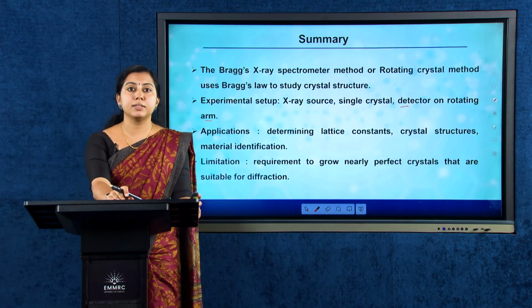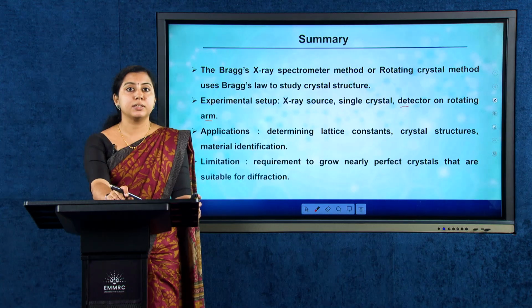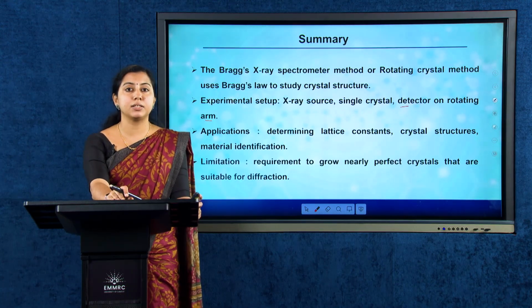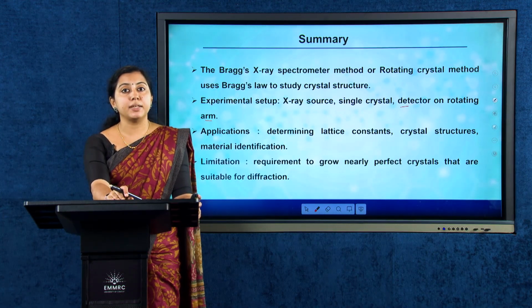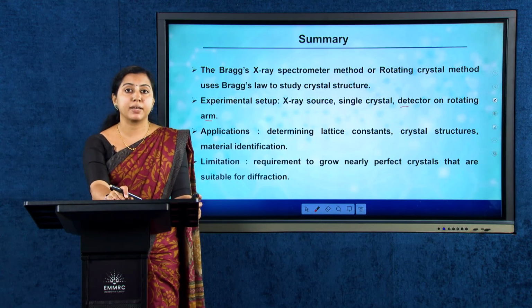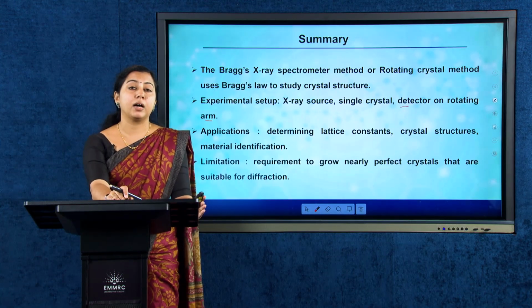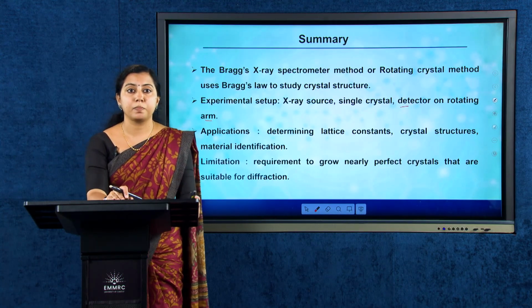So, the crystal is rotated in order to vary the angle of incidence, that is at varying angles of theta, and those planes which satisfy Bragg's condition, the condition for maximum intensity, are detected by the detector as peaks.